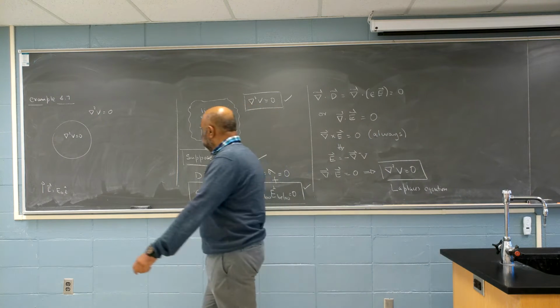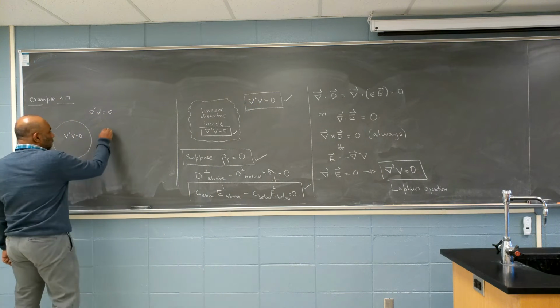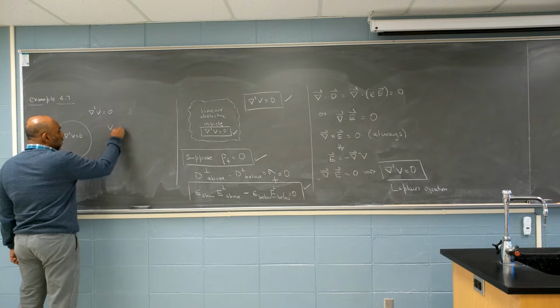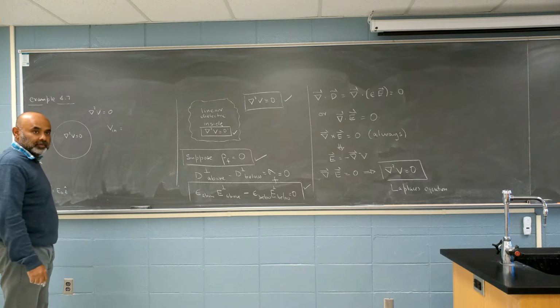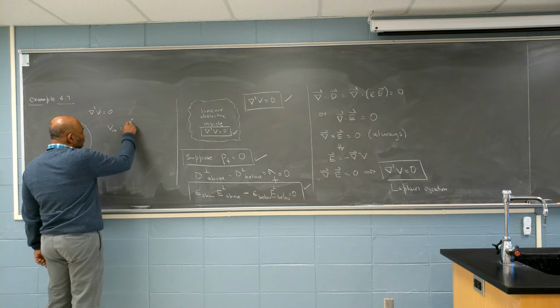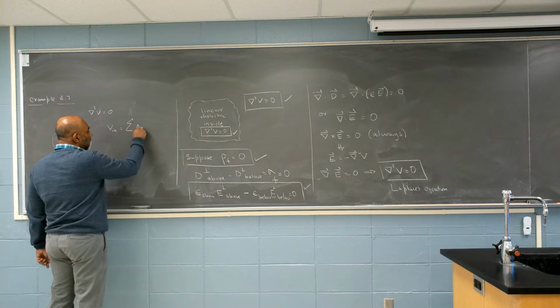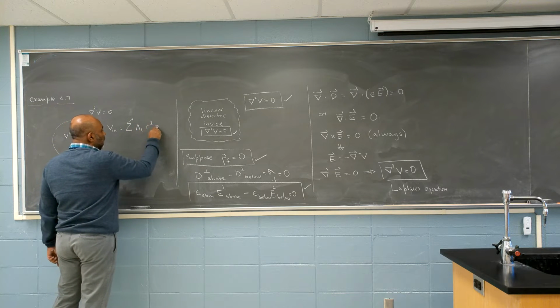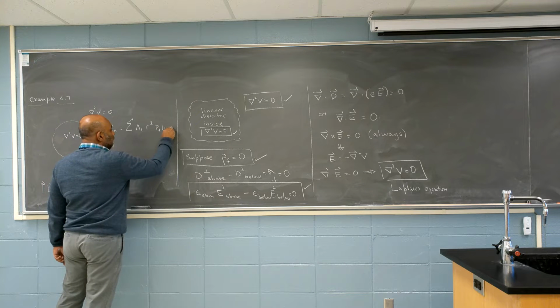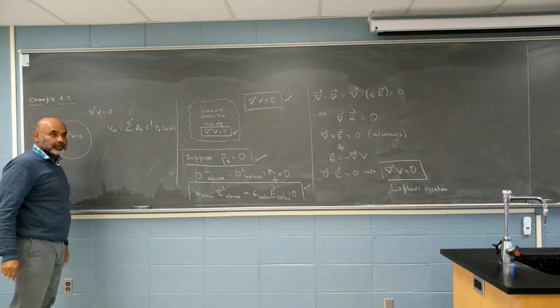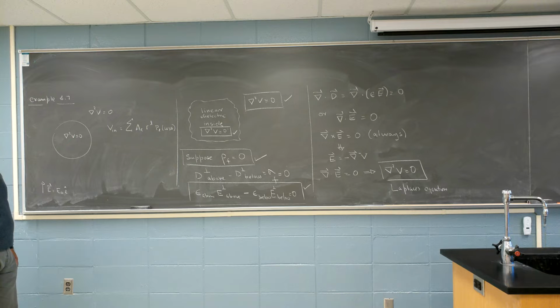So we know the inside, so V inside. We've done this before. It's spherical harmonics. It's A_L r to the L P_L cosine theta. We just want to make sure boundary conditions are satisfied.